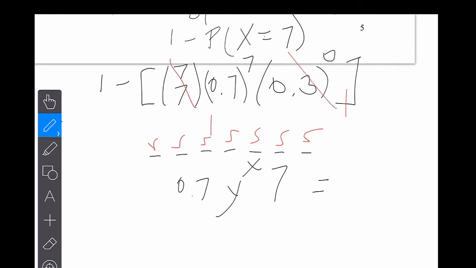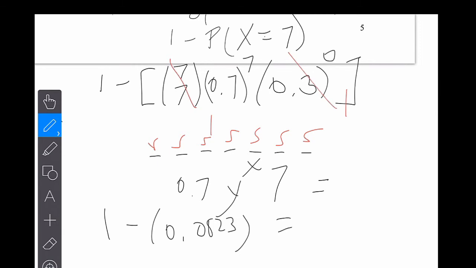So this is going to be then 1 minus 0.082353. So all I want you to keep when you solve these problems is 4 decimal places. That's all you need. Okay? I'm very happy with that.